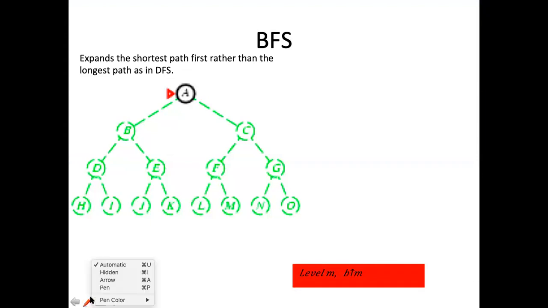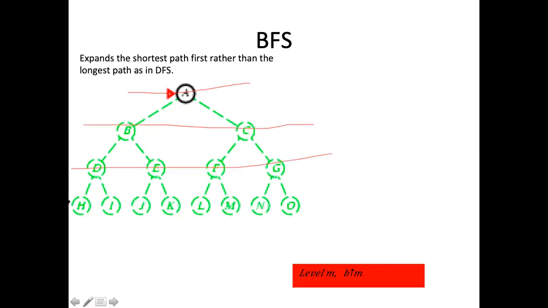In case of breadth first search, you evaluate all the nodes at a given level before moving on to the next level. So you move from A to this level, and then you evaluate B and C, and then you move to the next level and evaluate D, E, F, and G, and then you move to the next level.